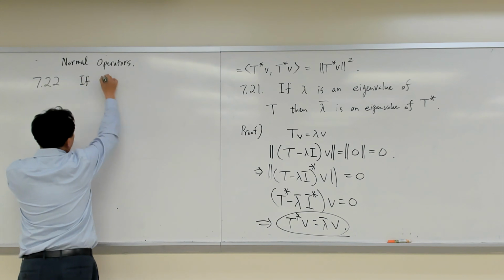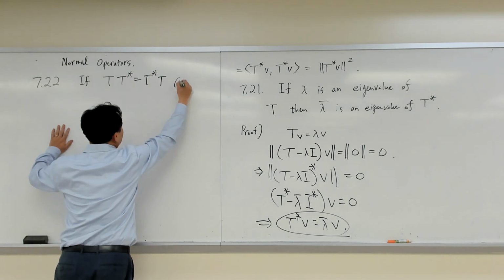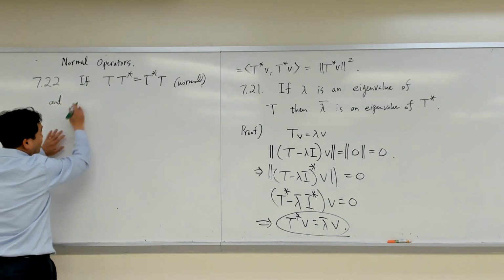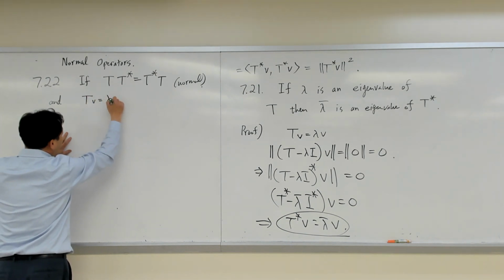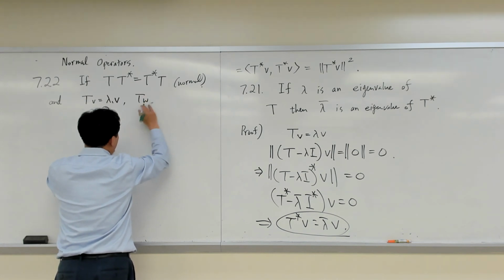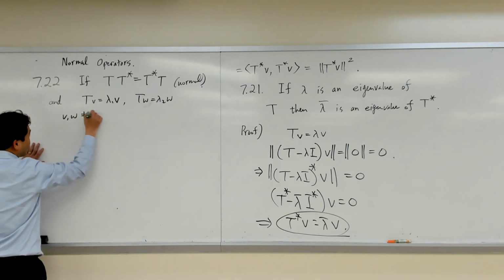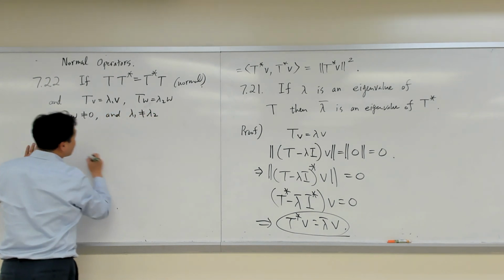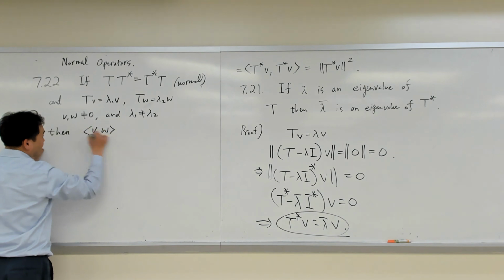If T* T = T T*, if it's normal, and T v is λ1 v, and T w is λ2 w, v and w non-zero, and λ1 is different from λ2, then v and w are orthogonal to each other.